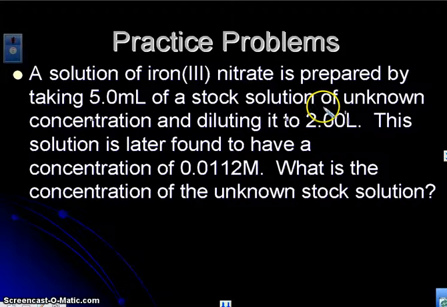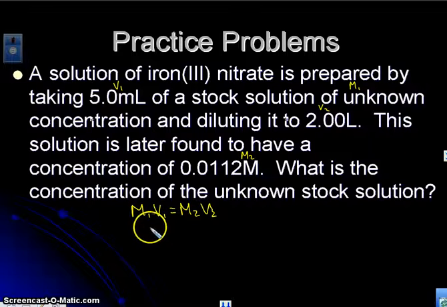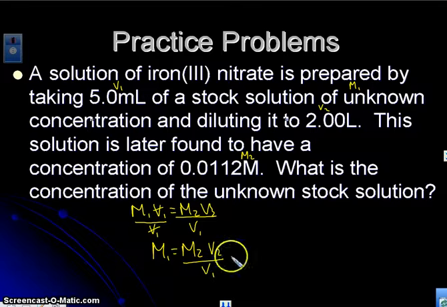So for the sake of argument, we'll call this M2 and V2, which makes this volume V1 and the unknown concentration M1. Again, we start with our dilution equation, M1 V1 equals M2 V2. We get M1 by itself, divide by V1, those cancel. So M1 equals M2 V2 divided by V1.